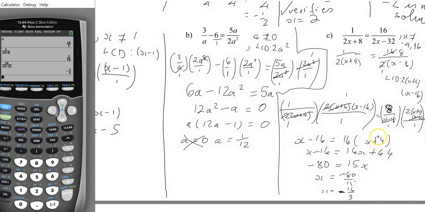Oh, you know what? I didn't put it in as negative. Haha. Let's go back. Let's go negative x. Okay, store in x. Okay, so now I'm going to pop back up and grab the first equation. Hit enter. Okay, we get negative 3/8.